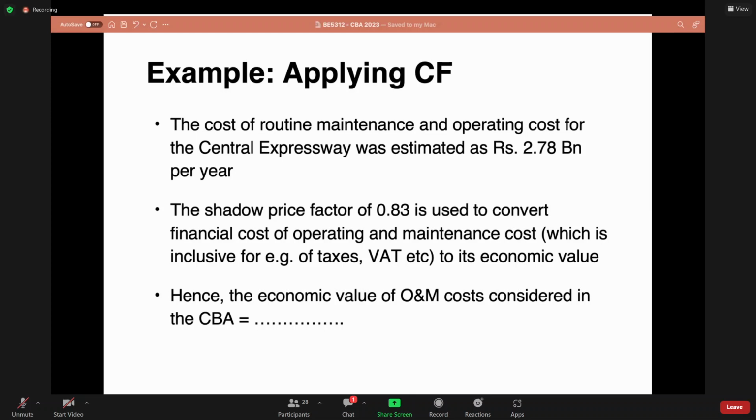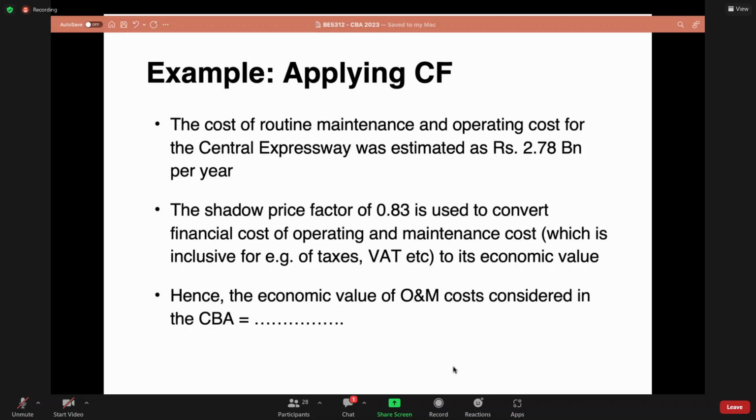So the 2.78 billion is actually higher than the actual cost of maintenance and operation, because taxes inflate the price. To remove that, we use this conversion factor of 0.83 to get the actual economic value for maintenance and operation.